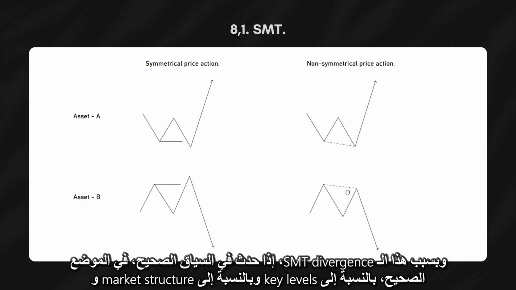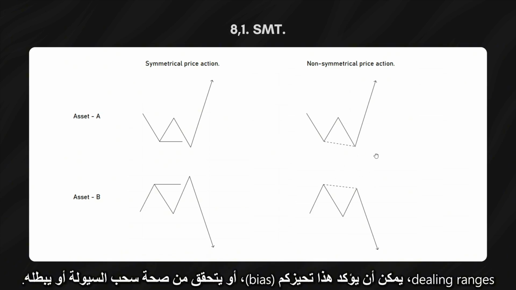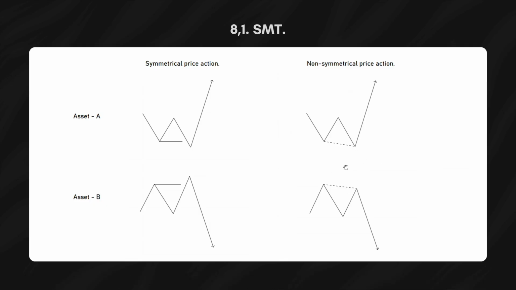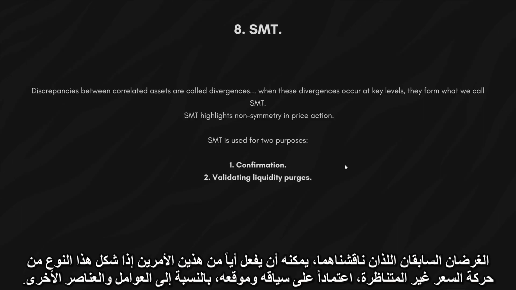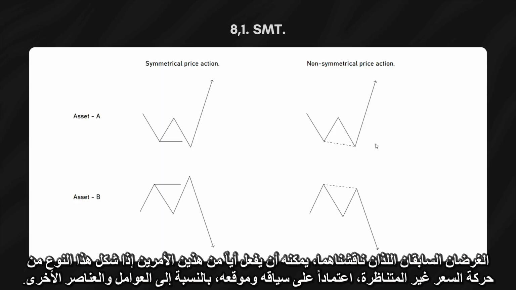And because of this SMT divergence, if it happened in the right context, at the right position relative to key levels and relative to market structure and dealing ranges, this could either confirm your bias, validate the liquidity purchase, or invalidate the liquidity purchase. The previous two purposes that we discussed, it could do either of these two things if it formed this sort of non-symmetrical price action, depending upon its context and its position relative to the other factors and elements.